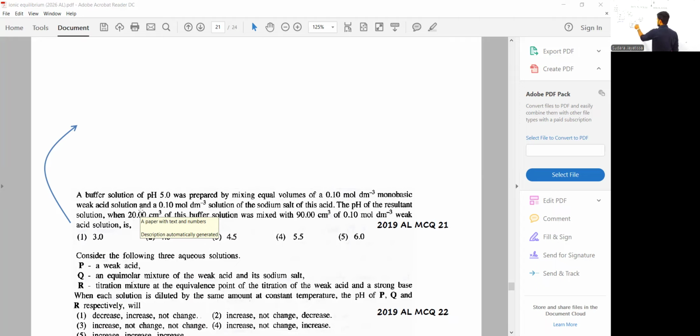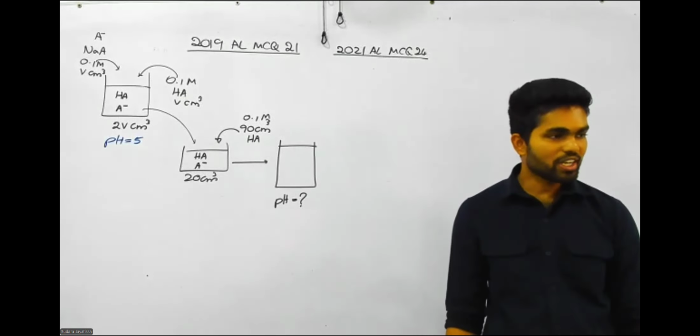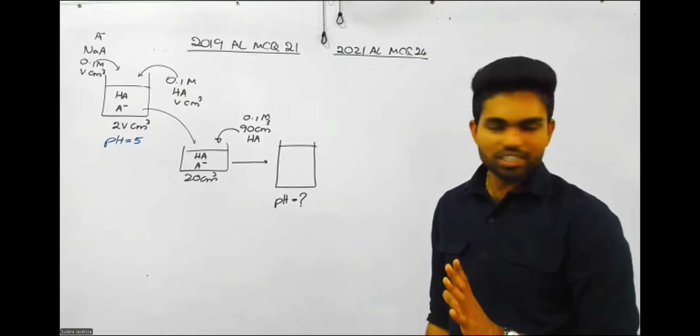Now you get another solution, and they are asking the pH value of this new solution. That's the question. You can make it easier by drawing a small diagram and showing the information. That is the trick.